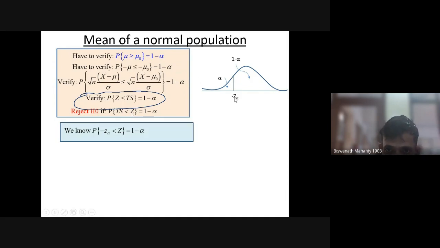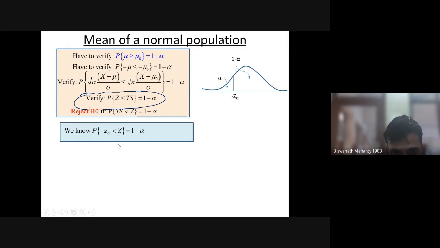So we are here, for example, minus Z alpha, this is alpha, this area is 1 minus alpha. For that, what can I comment? From this graph, I can comment that minus Z alpha is less than Z statistics. So this is known: minus Z alpha is less than Z. And we are asking if TS is also less than Z, then we will reject it.